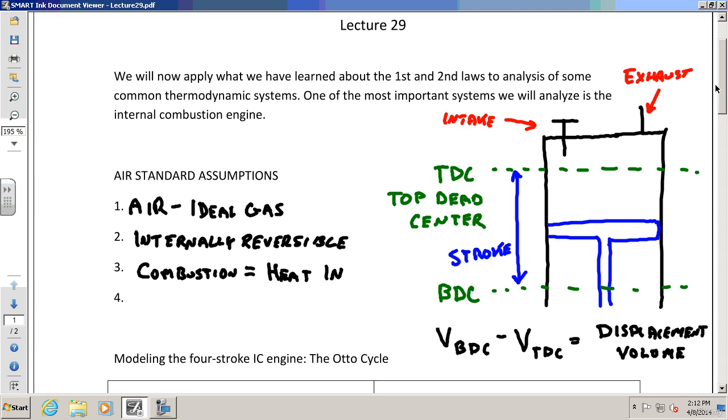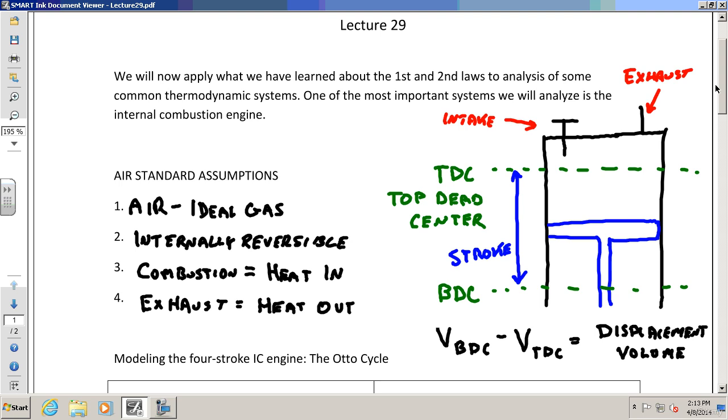Okay? And then finally, after you've done the combustion, you have to open up the exhaust valve and push out the exhausted gases, right? Well, we're going to assume that exhaust is really just heat out. Okay?